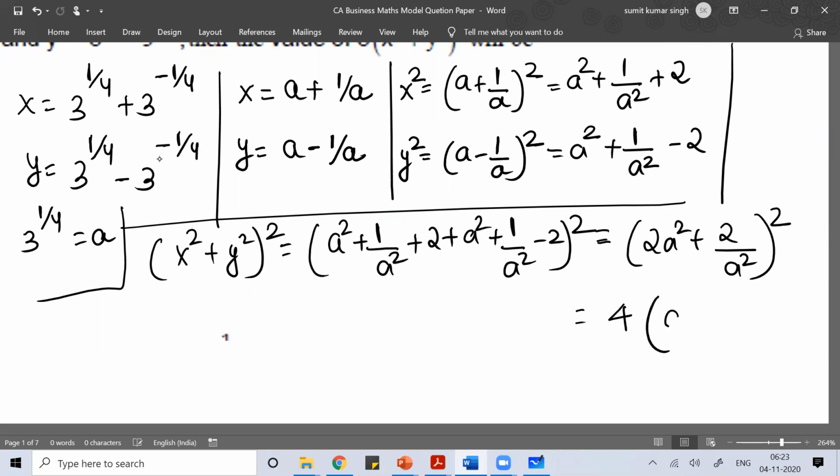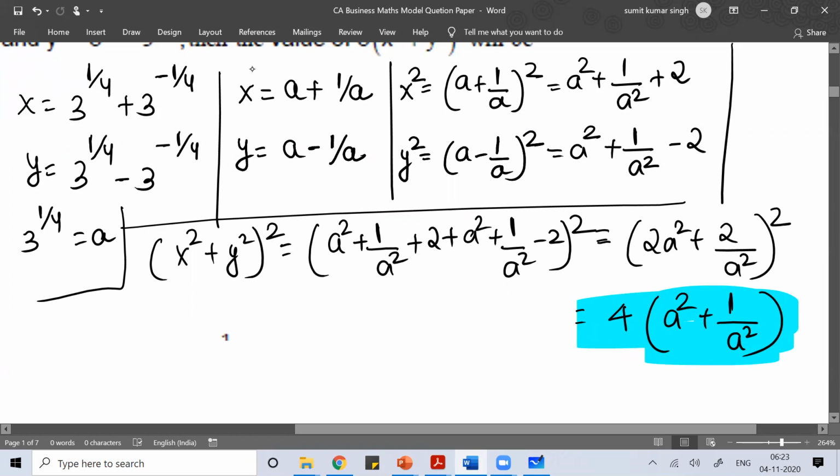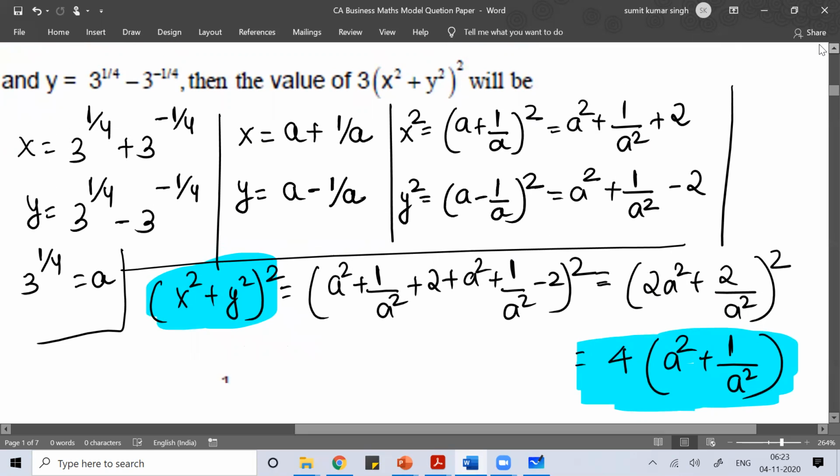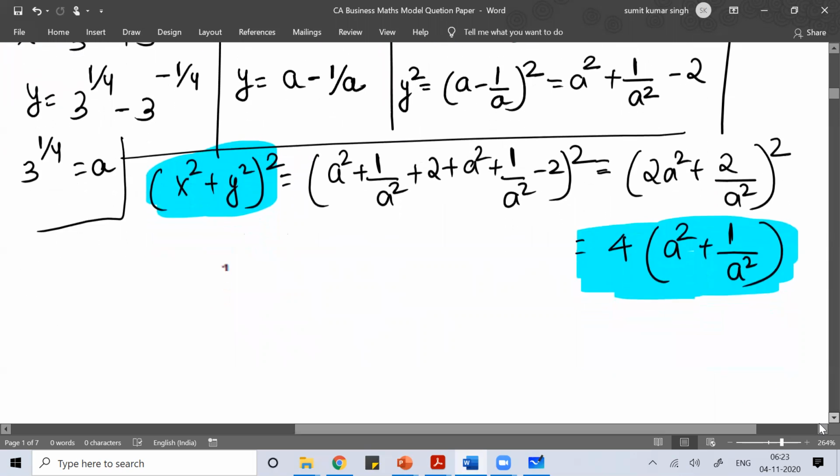You get 4 into a square plus 1 by a square. This is the value of x square plus y square whole square.